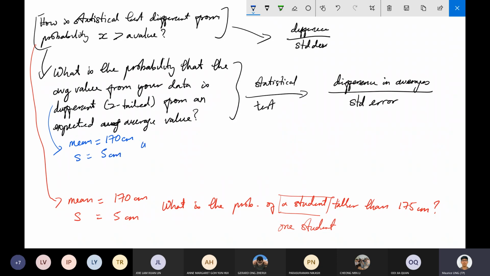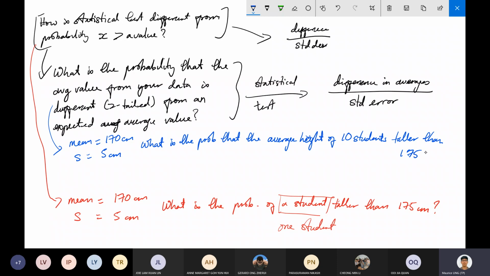But I'm asking the question: what is the probability that the average height of, let's say, 10 students is taller than 175 cm? So I'm looking at the average of 10 students here.